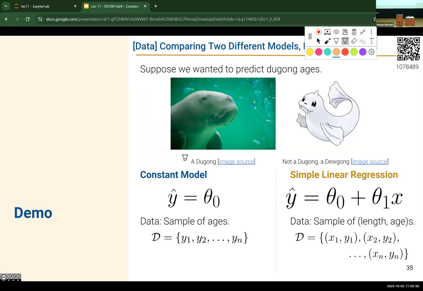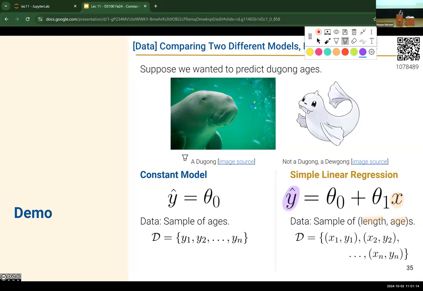In one case, I have only the ages, and I'm using the constant model to do the prediction of the age. In another example, I'm going to use the lengths of dugongs in order to predict the age. So that's a simple linear regression that has the lengths and the age, and we're using the input, which is the lengths, to predict the age of each one of those dugongs.